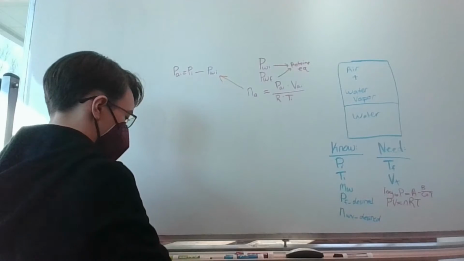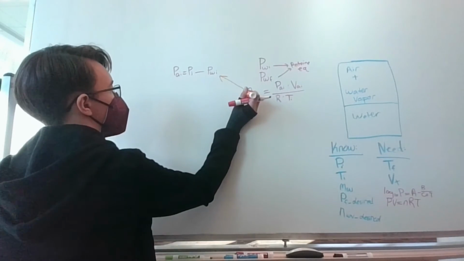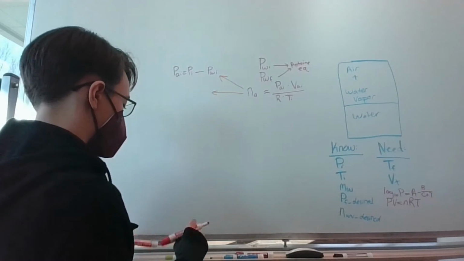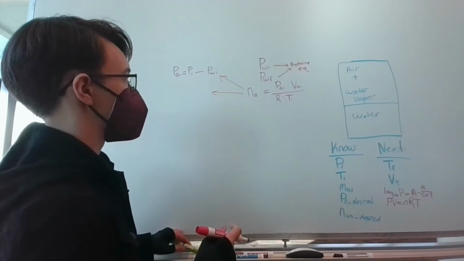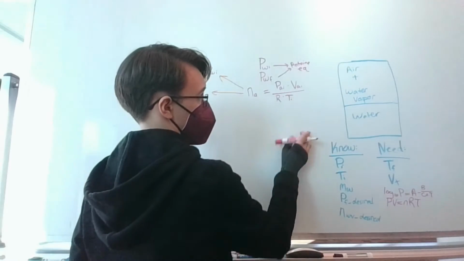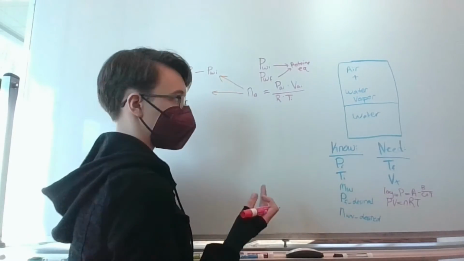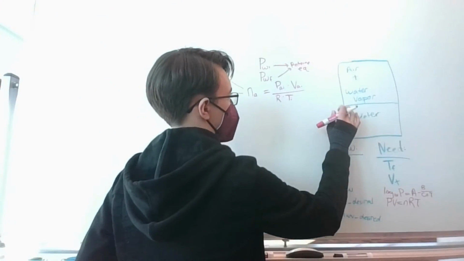So next thing we're going to look at is this volume. Remember how I said we're going to assume ideality of these phases. That means that the volume of air initially and the volume of the water vapor initially are going to be equivalent because the molecules do not interact with each other, and therefore they're going to take up the same volume.